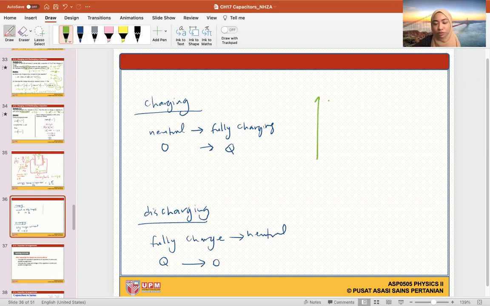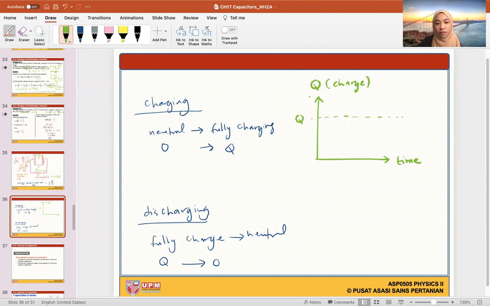So let's try to remember how to draw the graph. So this graph should be, I don't remember, over time. And this is the amount of charge that is stored in the capacitor. So if I start from neutral to fully charged, I will end at Q. Q is a value. This is charge in coulombs.